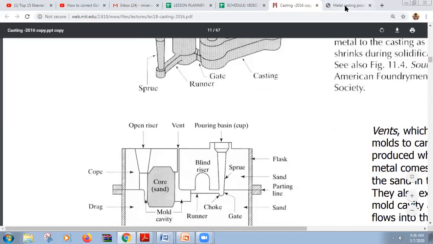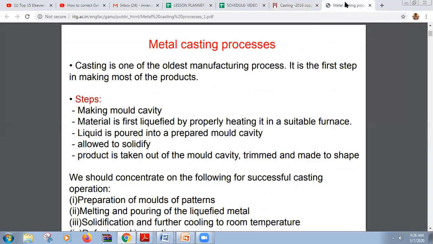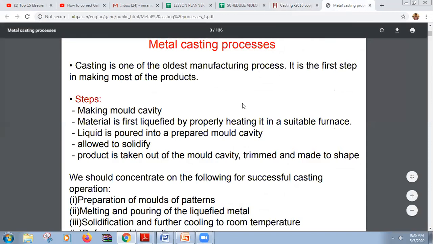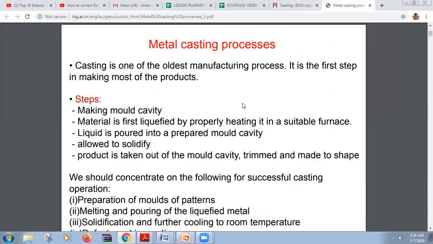Before that, we must know that casting is one of the oldest manufacturing processes. The steps: first of all, we have to make the cavity, the mold, then we have to melt the material, and when this material is molten, we have to pour this liquid metal into the cavity.